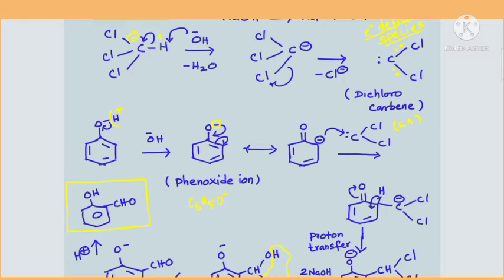By the time this pi electron moves to this carbon atom, this carbon atom will become electron rich, so it will carry a negative charge. Now this electron moves over here, so that you are getting a new double bond here. When this pi electron moves to this carbon, that carbon center is becoming electron rich.